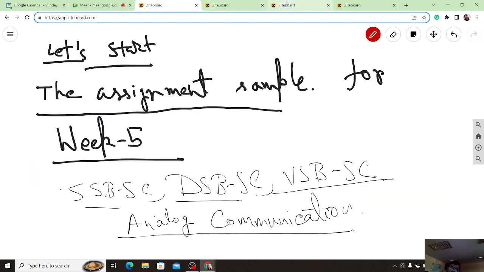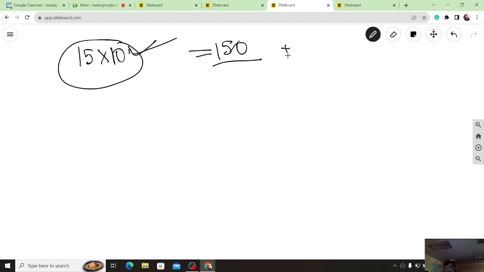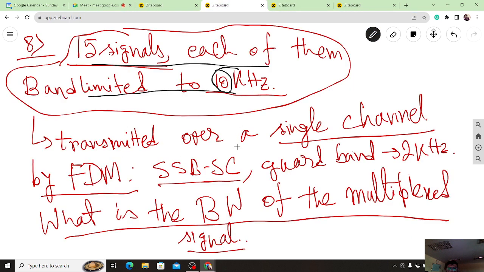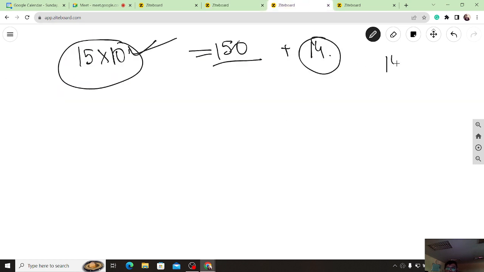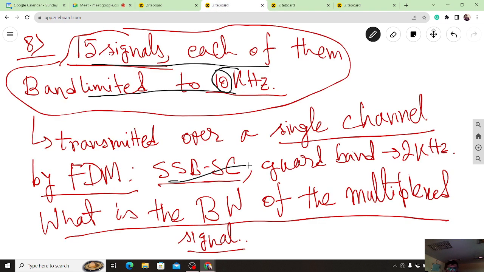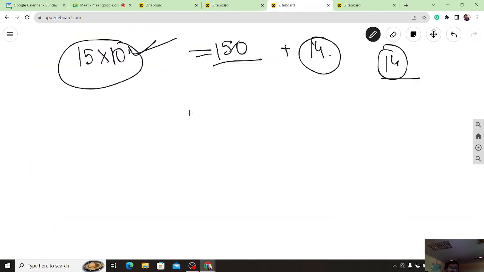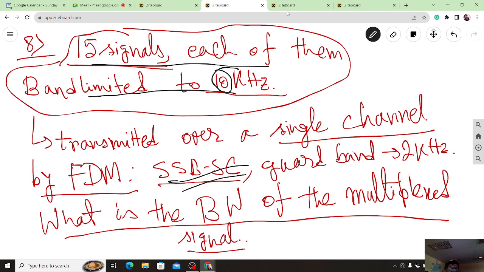For such, we will need another 14, because there are a total of 15 signals, so there will be 14 intervals in between them, and we are using SSBSC. So the total bandwidth needed is 164 kilohertz.